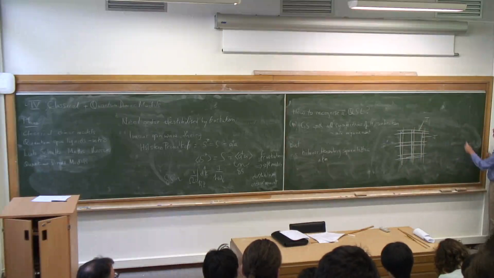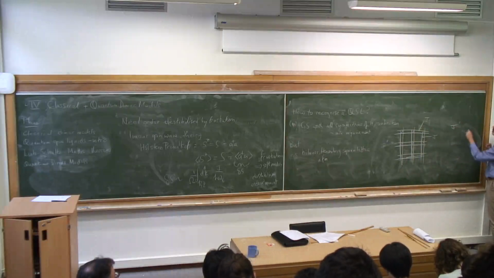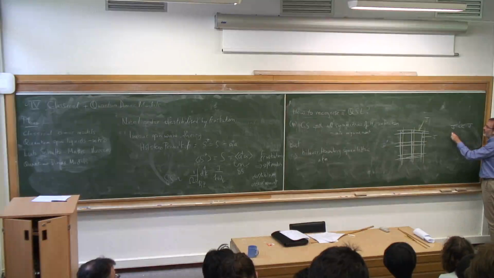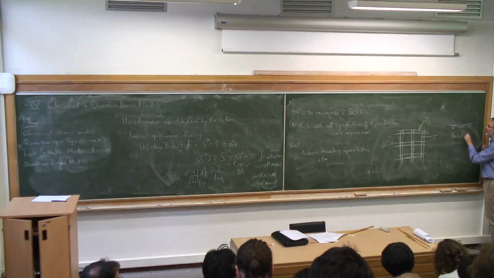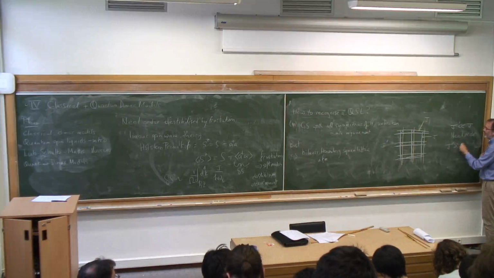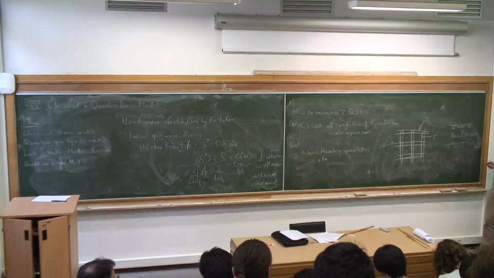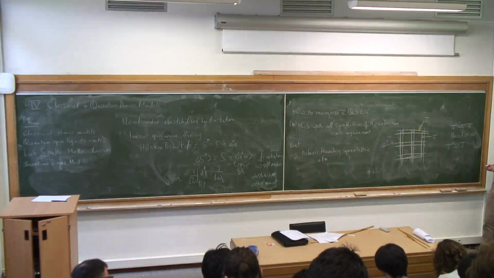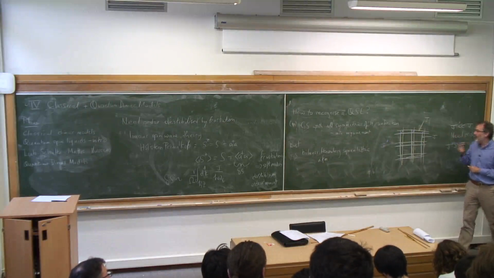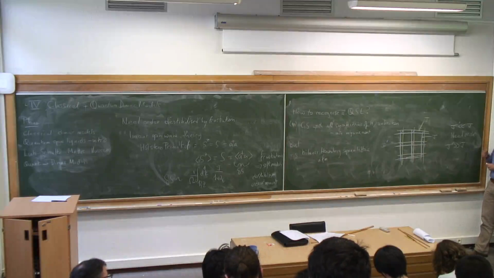So if this interlayer coupling is small, then at least at zero temperature, we'll just have conventional Néel order. But if the interlayer coupling is the dominant interaction in the system, then it's pretty obvious, I think, that you'll form singlets between the sites that are above and below each other at each point in the lattice.